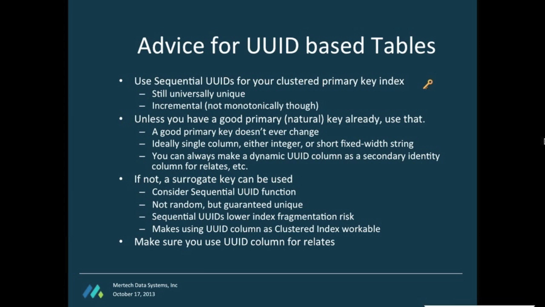Now we're going to go over some advice on how to actually set up your table in this case. Sequential UUIDs are best supported in MS SQL right now. Essentially, I believe they are considered a version 1 UUID, and they use the MAC address of the system, which is a guaranteed unique hexadecimal number.